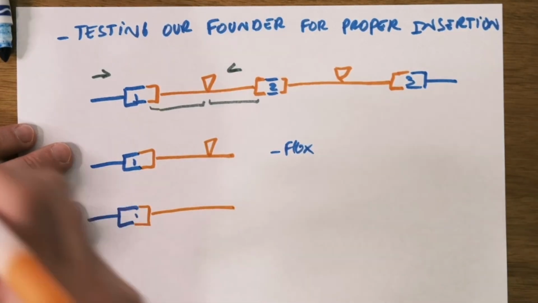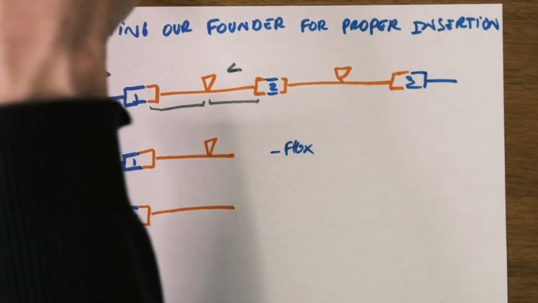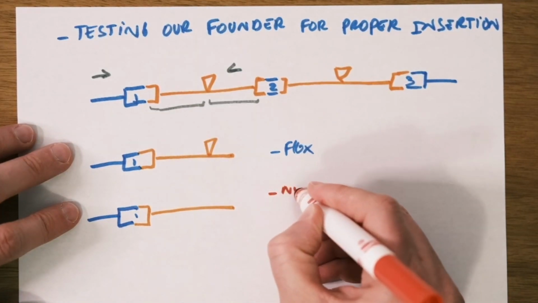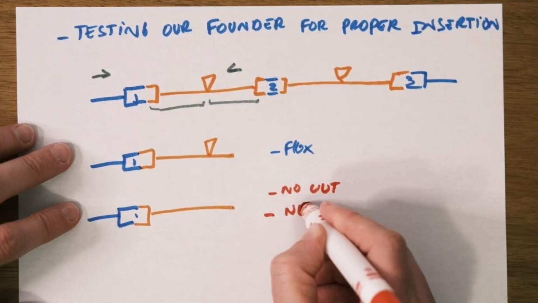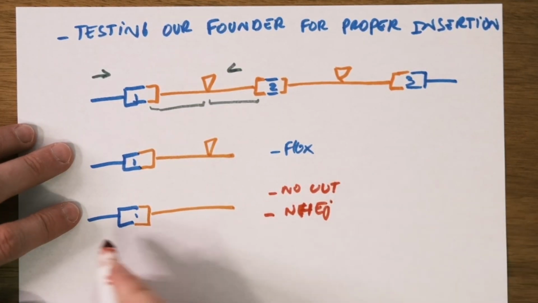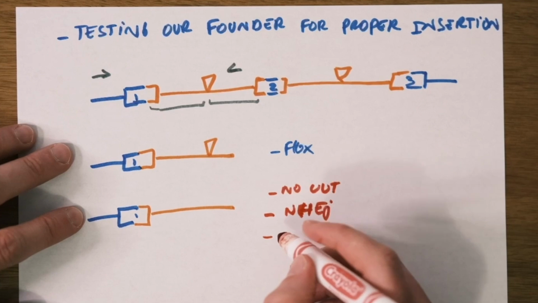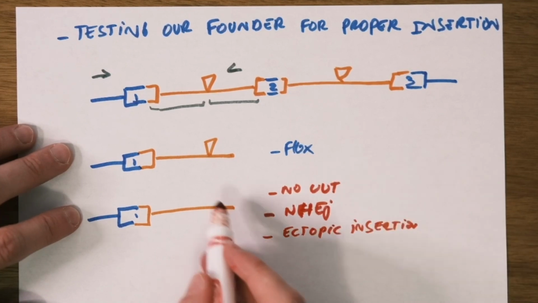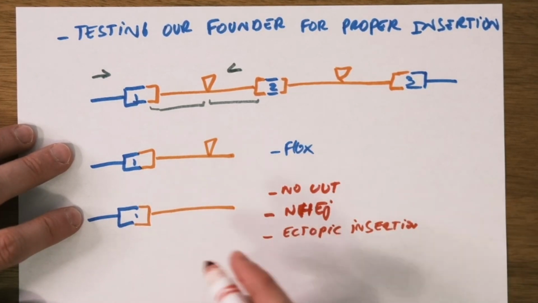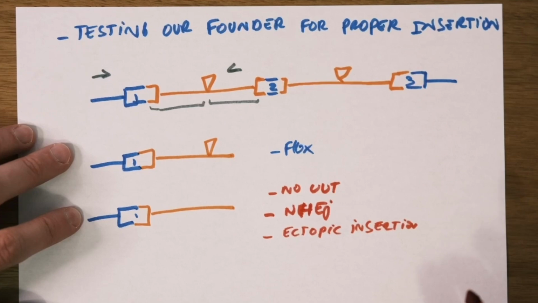And this can be because, as we discussed before, there was either no cut or there was a non-homologous end joining. And here what we are amplifying is only the other wild type allele, or it could be also like an ectopic insertion and this locus remains intact, so we have the same as the no cut.